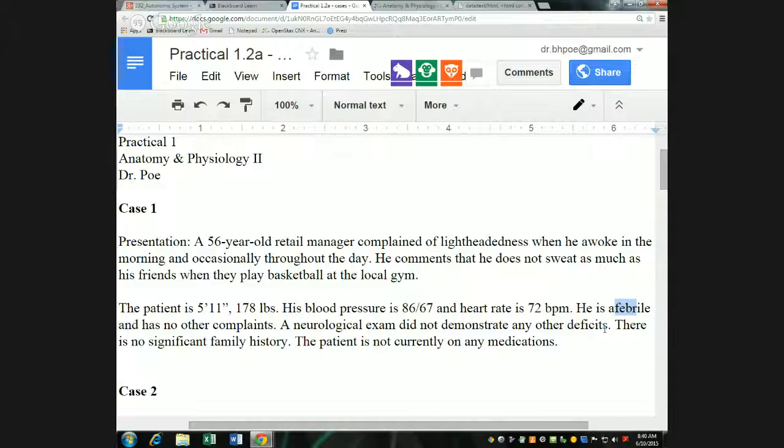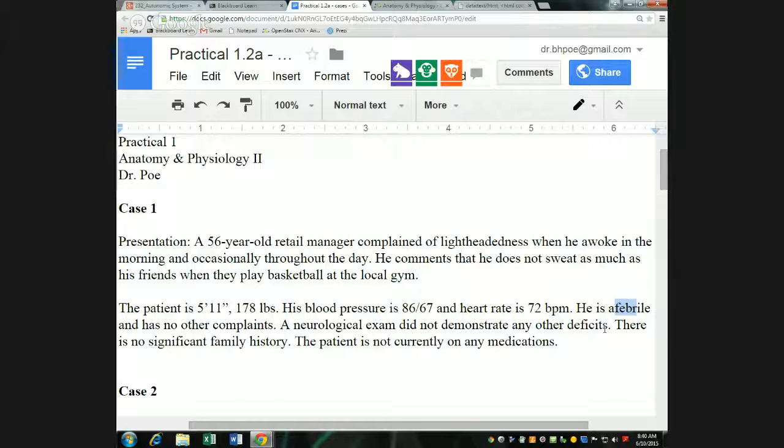Normal body temperature, exactly, or some variation thereof. If I'd said normal body temperature, then you would have understood it. So I just wanted to put this terminology in there, sort of to address that idea.